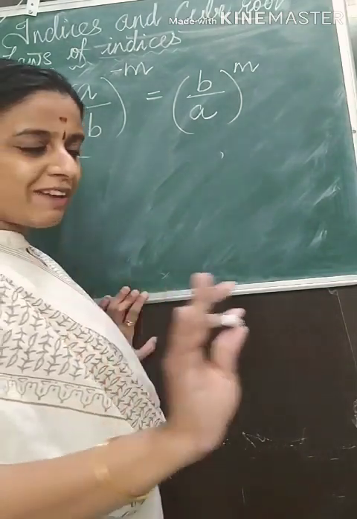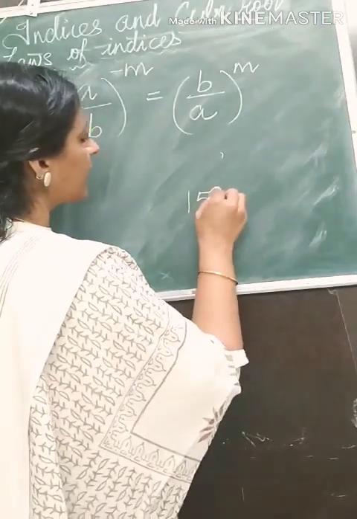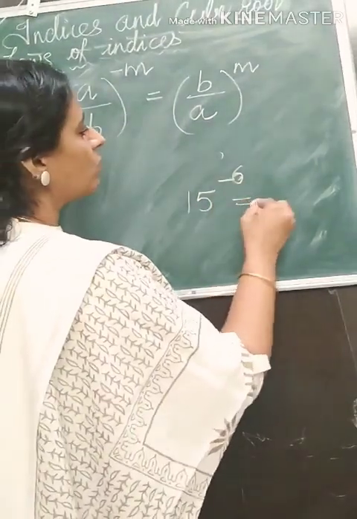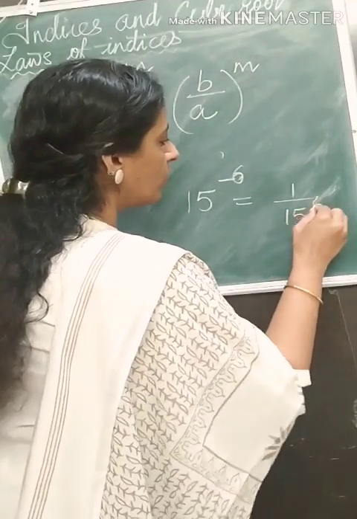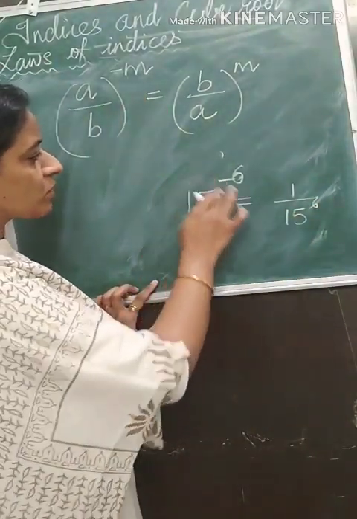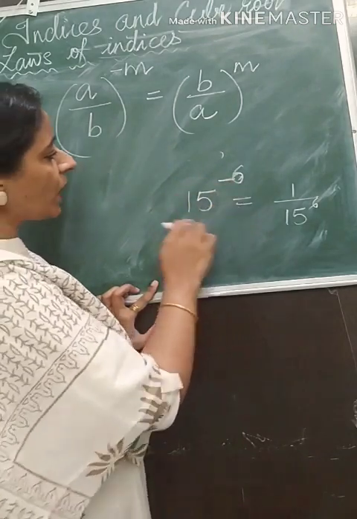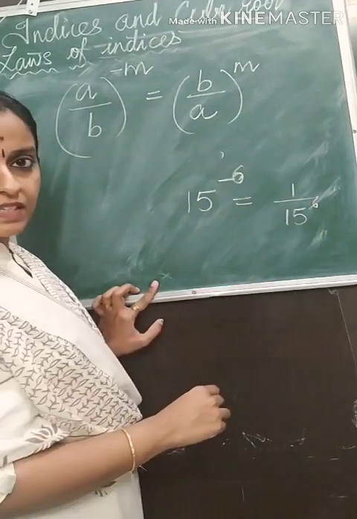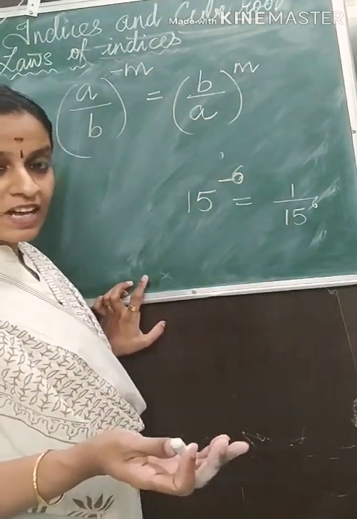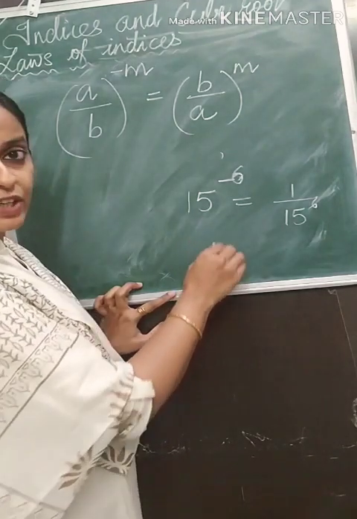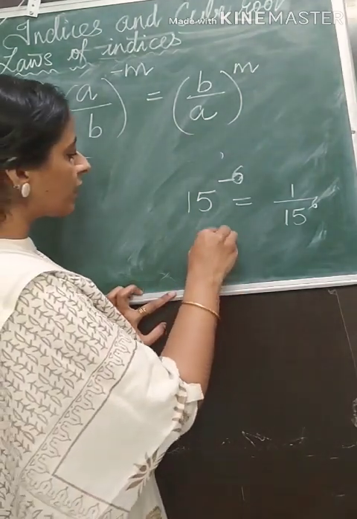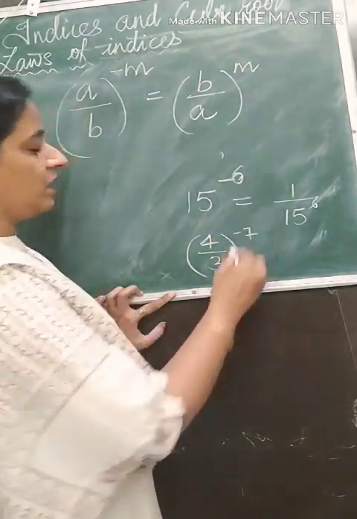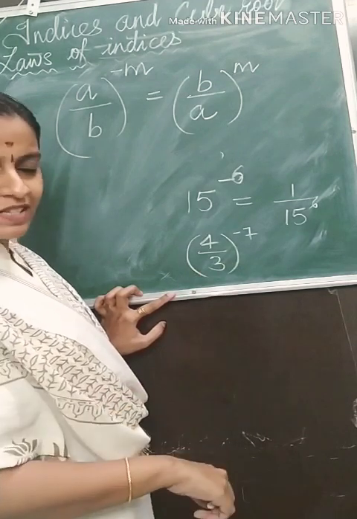If you have only one number, suppose you have 15 raised to minus 6, this will be 1 upon 15 raised to plus 6. One integer was present here, one integer. So for one integer you will write it as 1 upon 15 raised to 6. Minus will become plus. Now I have a rational number in numerator, denominator form. So if I have 4 upon 3, the whole raised to minus 7, okay, only for negative numbers we are using this law of indices.